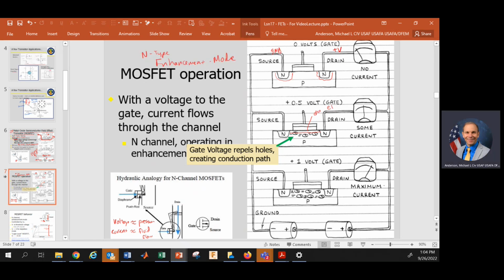The more we increase this gate voltage, the bigger this channel gets and more current can flow. So this would be plus volts here, and this would be ground here on this end, and current is flowing like this. And remember, electrons are going the other way. So we get current from drain to source. This is I_DS, drain to source.